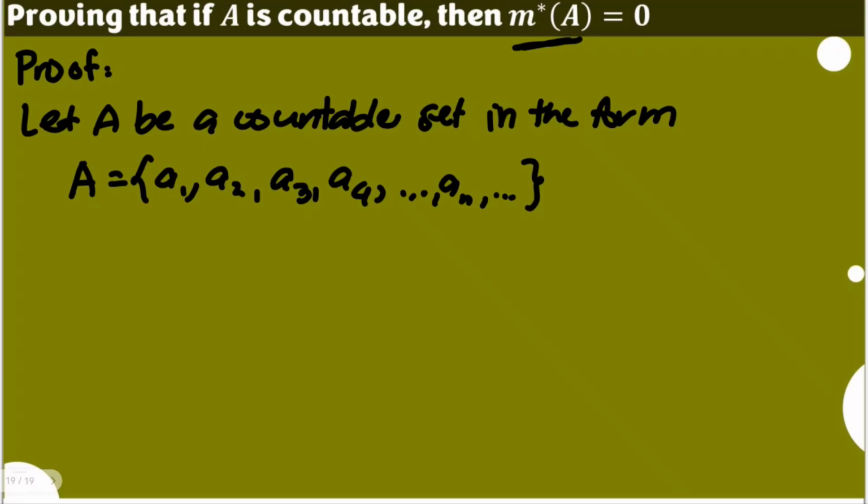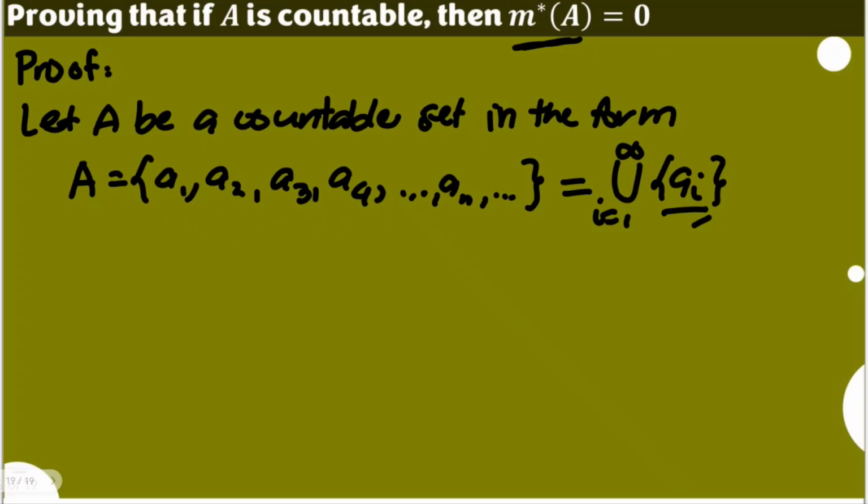Now, this could also be equivalent to the union of all A sub i, where i starts from 1 to infinity. Take note, if we have A sub 1, you have this, A sub 2 for n is 2, A sub 3, A sub 4, and so on and so forth. So they are just the same.